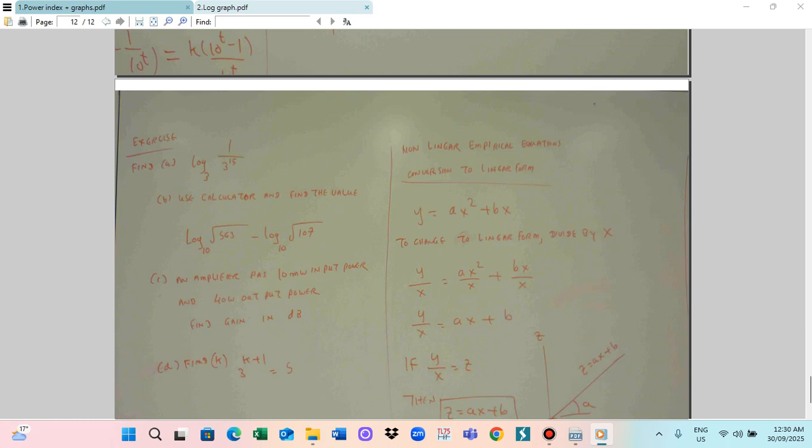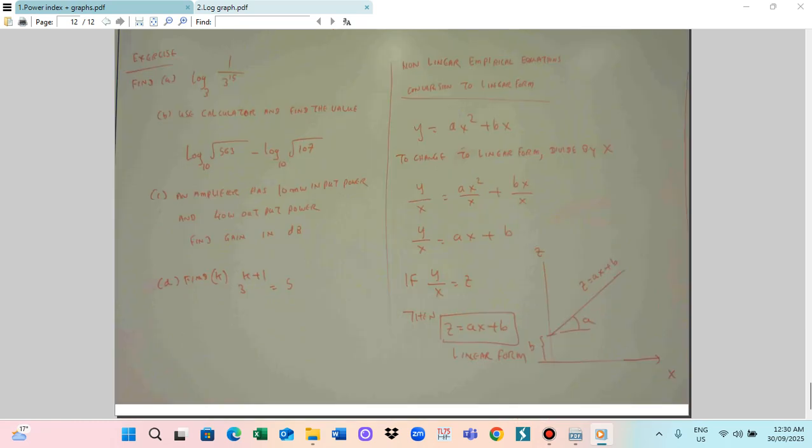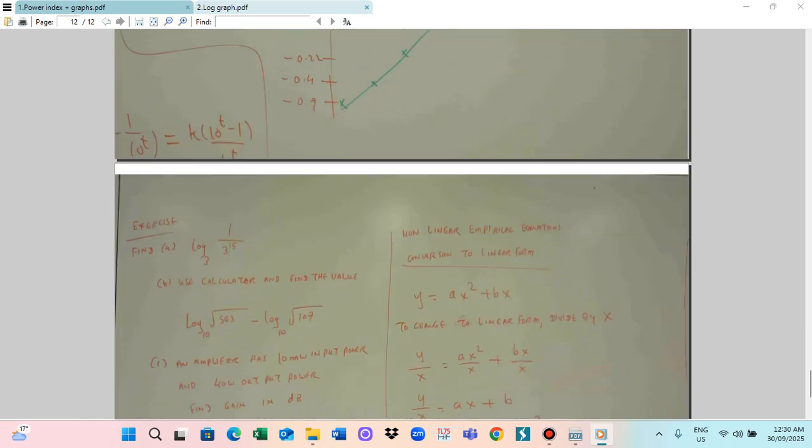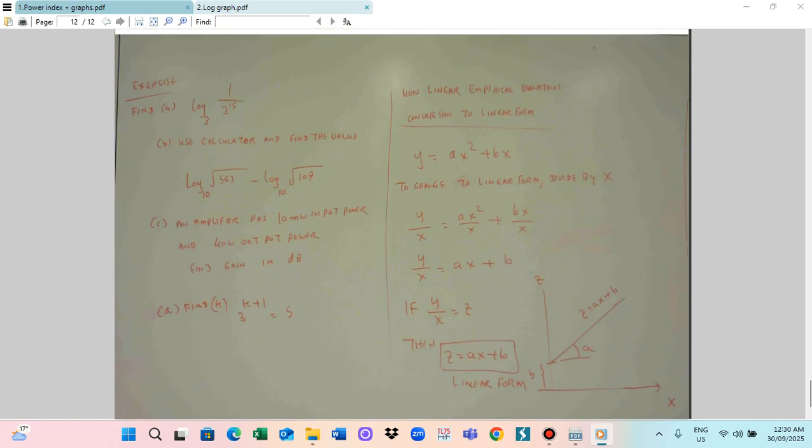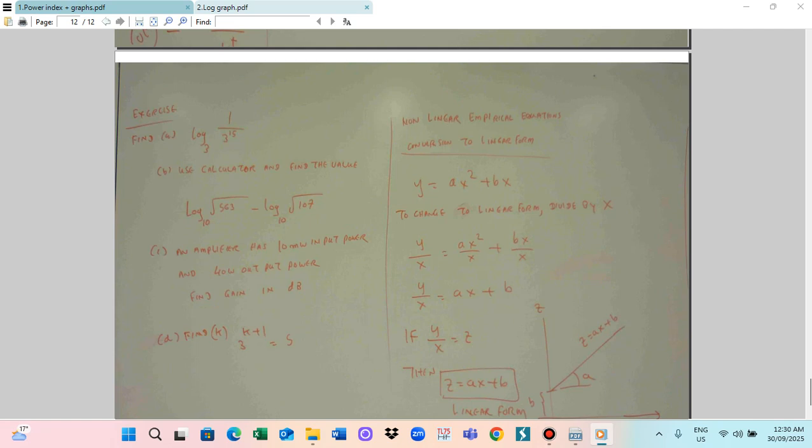So log 1 base 9 is equal to x, so 1 is equal to 9 power x. 1 means 3 power minus 1, and 9 is 3 squared, power x. So 3 power minus 1 is equal to 3 power 2x. So 2x is minus 1, so x is equal to minus half. So by this way we can change between the logarithmic and the exponential form.